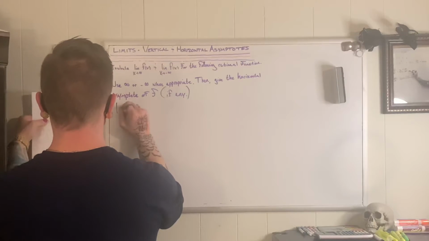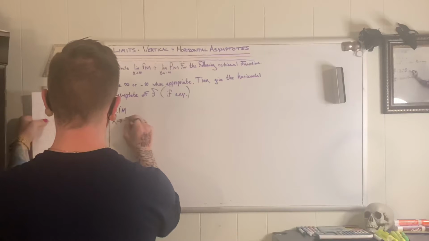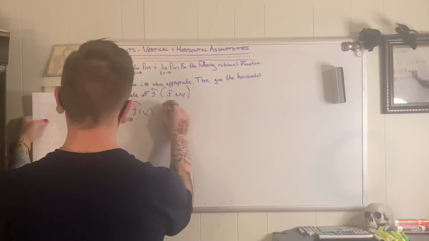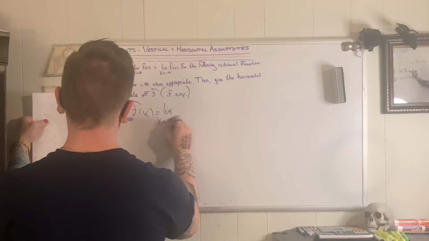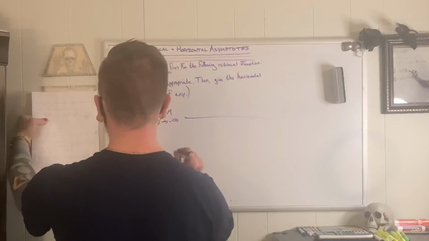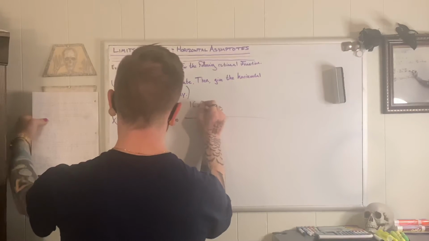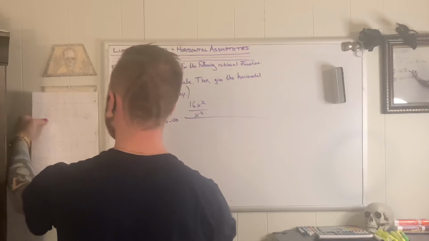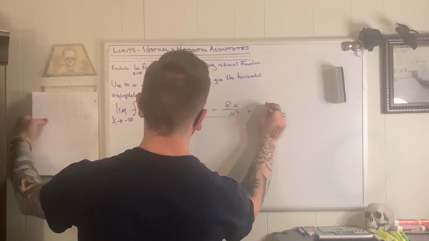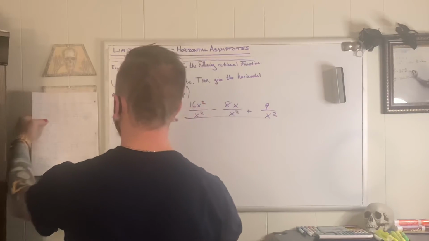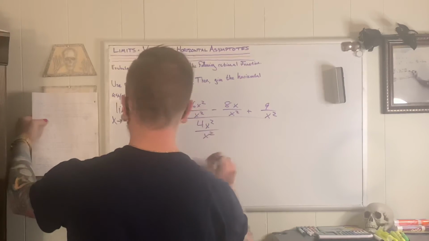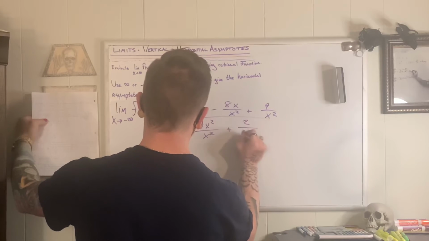So we have the limit as x approaches negative infinity of f of x is equal to the limit as x approaches negative infinity of 16x squared divided by x squared minus 8x divided by x squared plus 9 divided by x squared, all divided by 4x squared divided by x squared plus 2 divided by x squared.